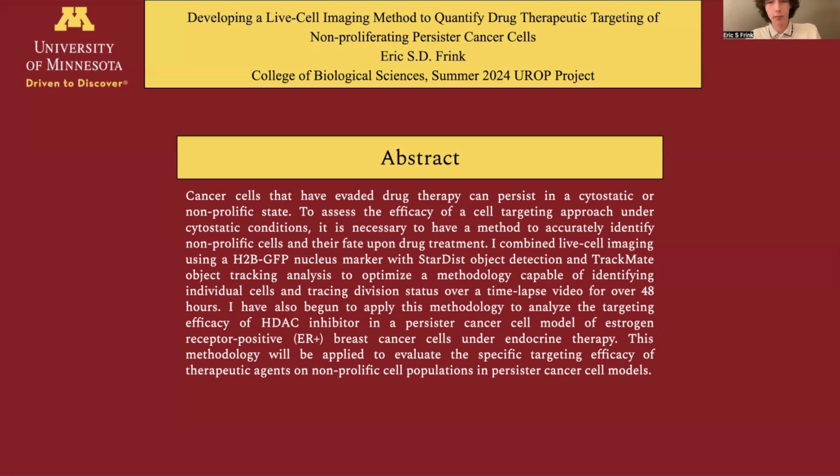I've also begun to apply this methodology to analyze the targeting efficacy of a particular histone deacetylase inhibitor in a persister cancer cell model of estrogen receptor positive breast cancer cells under endocrine therapy. Eventually, this methodology will be applied to evaluate the specific targeting efficacy of therapeutic agents on non-proliferative cell populations.